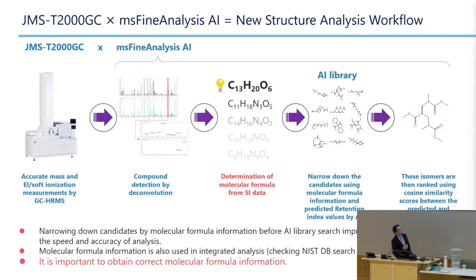In this phase, sometimes we get multiple candidates for the chemical formula. In that case, researchers have to decide by themselves which one is correct and which is incorrect. It is a little complicated and takes a long time to understand the correct information. This became another motivation to develop another AI model.